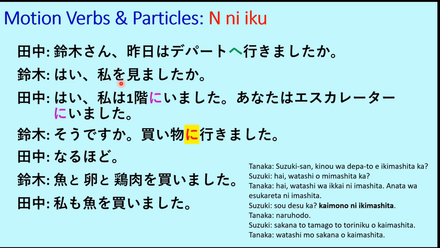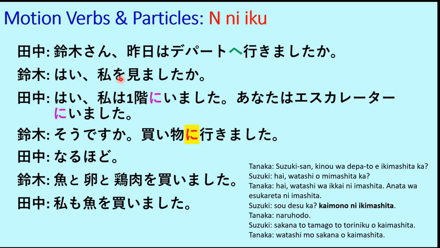Since it is followed by o particle, that means this is not the subject but the object. So the translation is, yes, did you see me? So here me is the object, and that's why watashi is followed by the o particle and not the wa or ga particle.